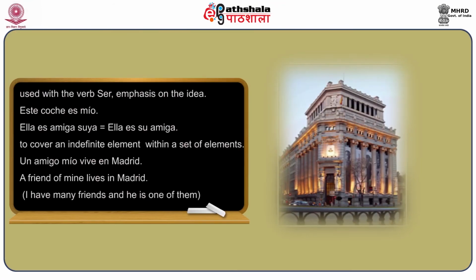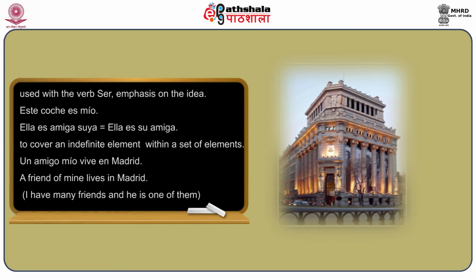So when used with the verb ser, they put emphasis on the idea. If I say este coche es mío, at times they have the same meaning as the possessive adjectives which are placed before the noun, but they are less frequent. So if I say este coche es mío, it means that here I am putting emphasis on the fact that this car is mine.